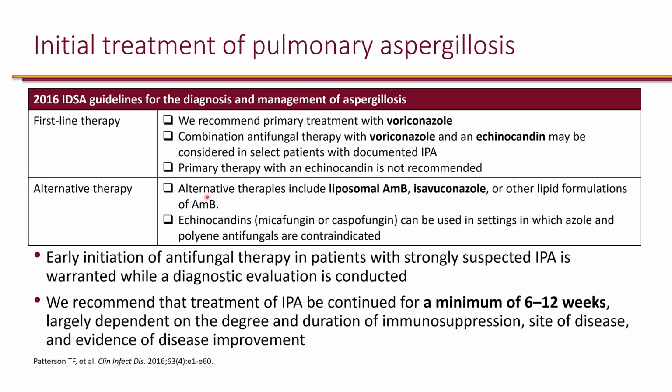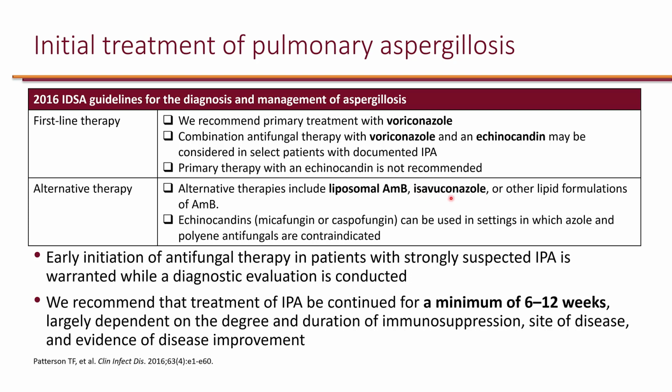Now, alternative therapies include either liposomal amphotericin B or some of the newer azoles. So isavuconazole would be an alternative, and that's essentially because that's a newer agent, more expensive, and less data at the time that the guideline came out.